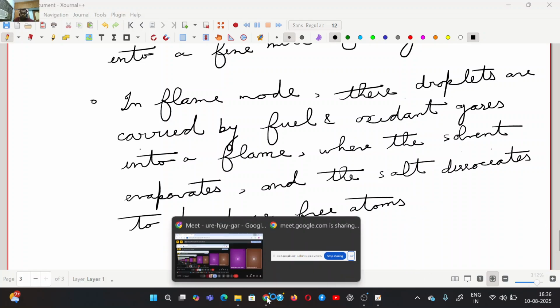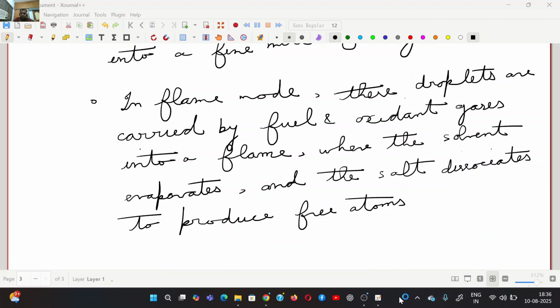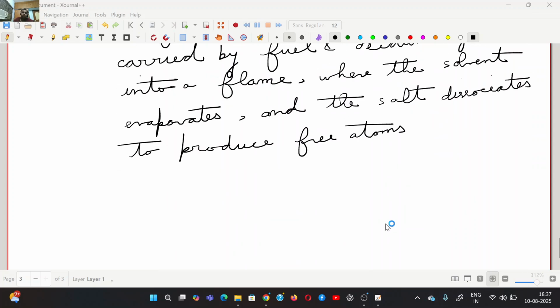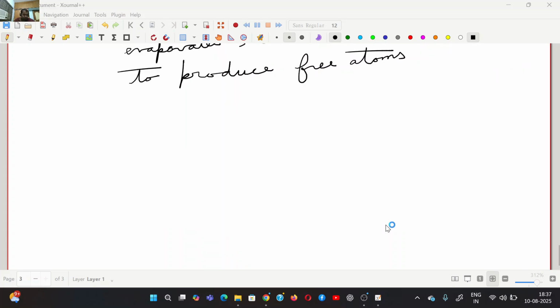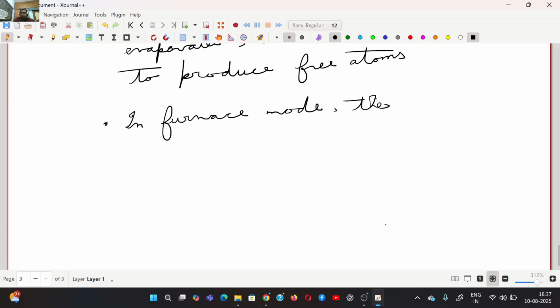Okay, so this is what happens in flame mode. Droplets are carried by fuel and oxygen gases into a flame where the solvent evaporates and the salt dissociates to produce free atoms. In furnace mode, it's a graphite furnace basically.